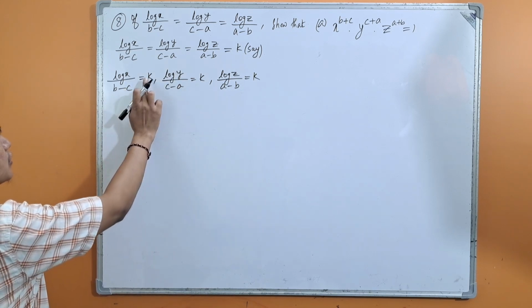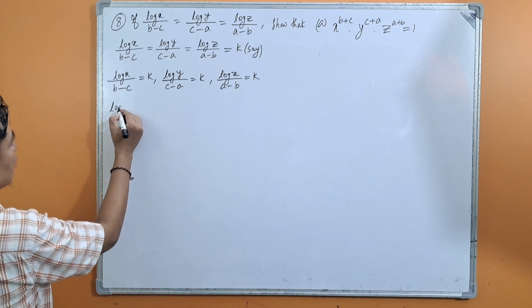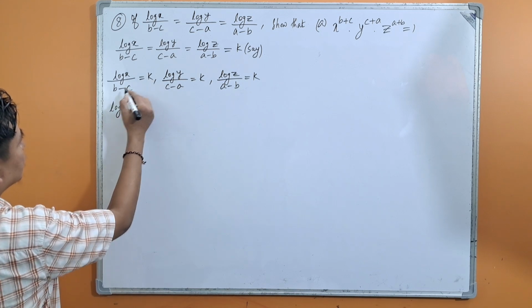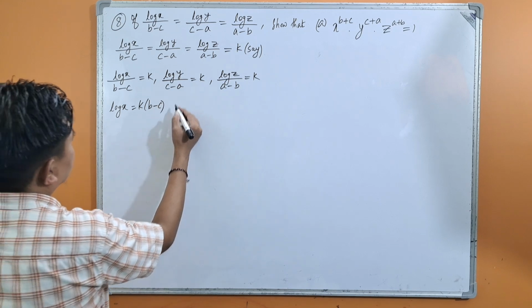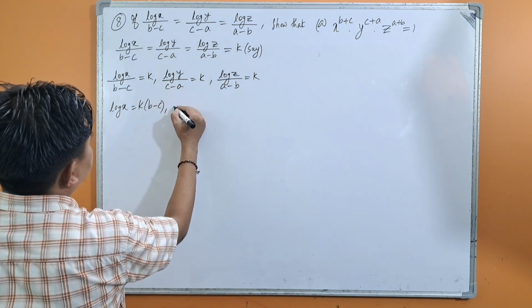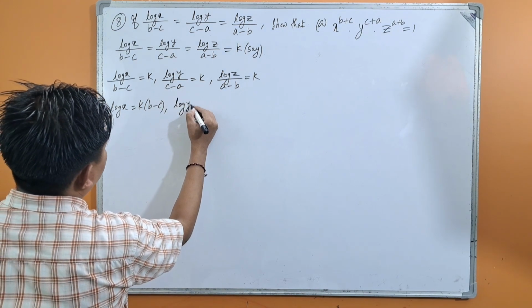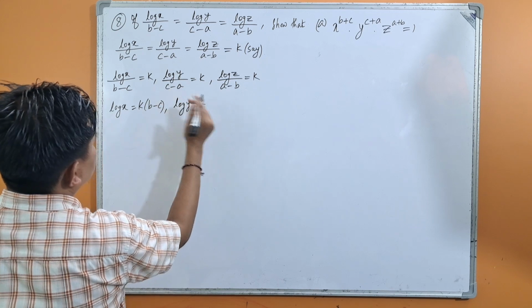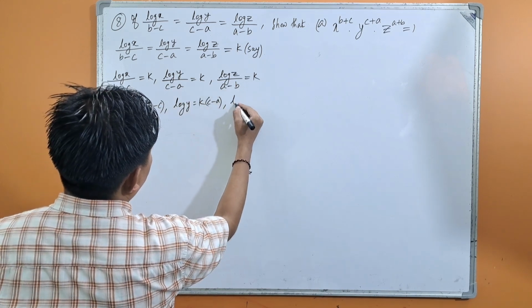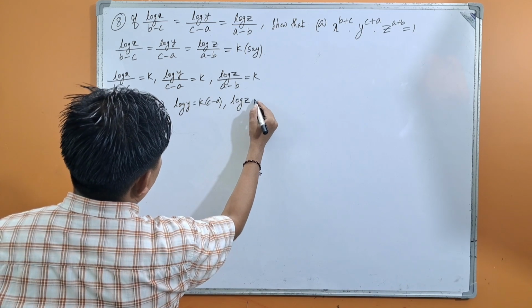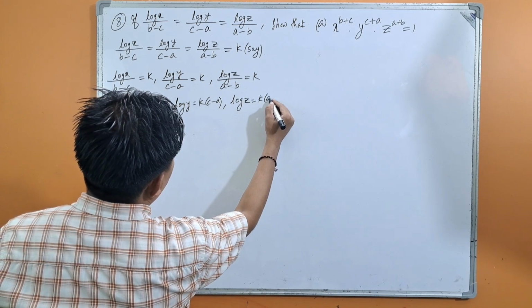Okay, b minus c into k. Log x equal to k into b minus c. Similarly we do the same thing here. Log y equal to k into c minus a, log z equal to k into a minus b.